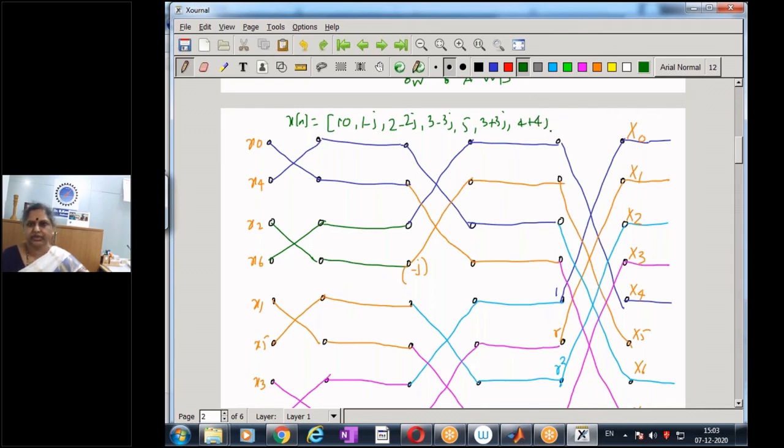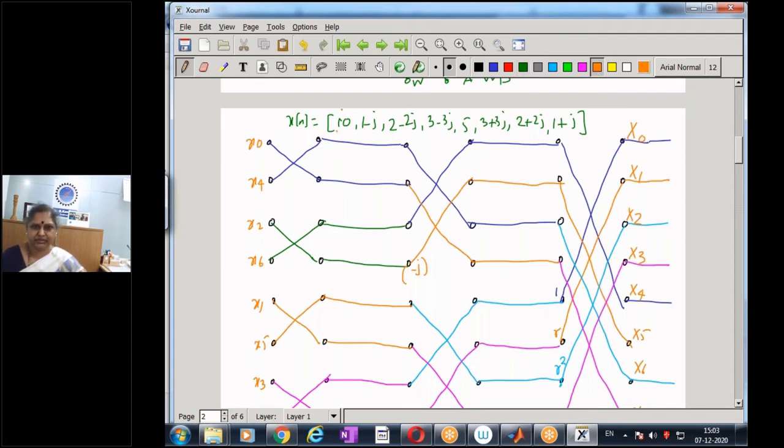No. This will be 2 plus 2j and 1 plus j. So I am taking a sequence with conjugate symmetry in my input sequence. So my input sequence has a conjugate symmetry, and I need to put my input in the bit reversed order.